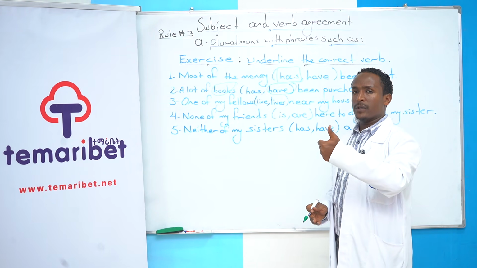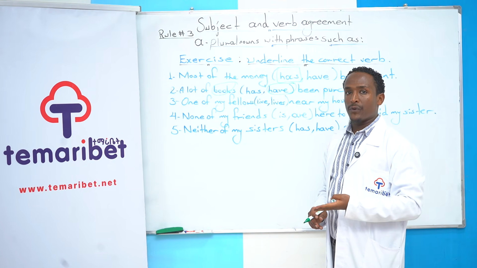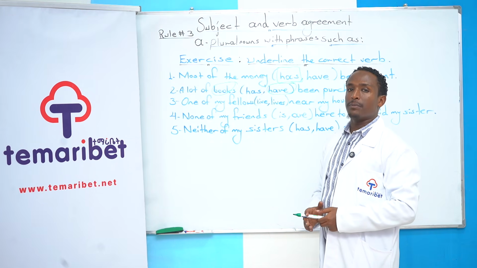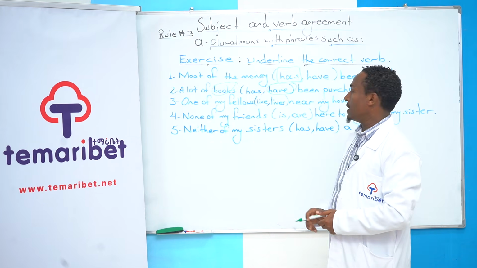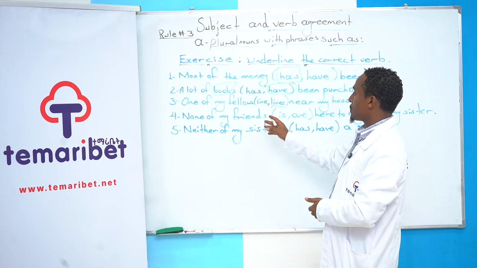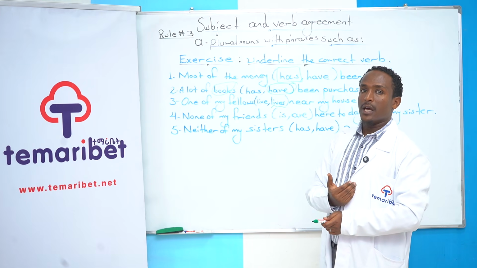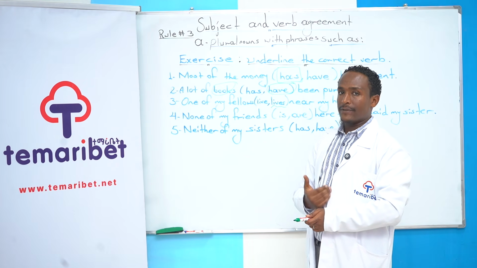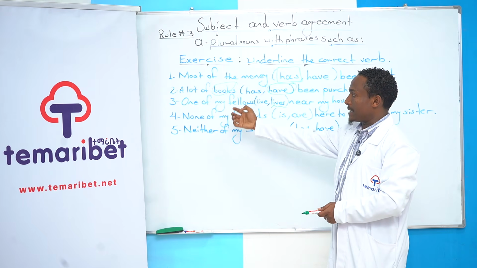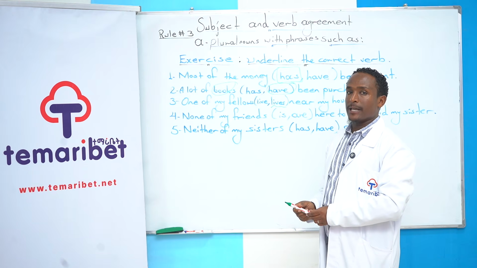Because one of, none of, either of, each of come with any plural noun, the verb must be singular. So the answer is lives. One of my fellows lives here. Either of my fellows lives here. Neither of my fellows lives here. Every one of my fellows lives here. Whenever the phrase comes with plural noun, the verb must be singular.